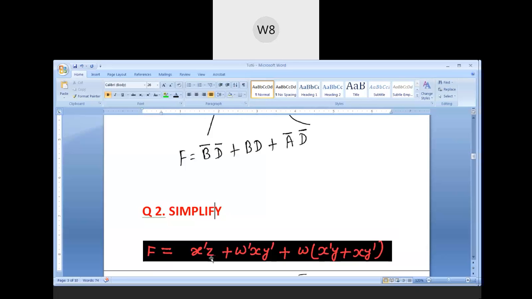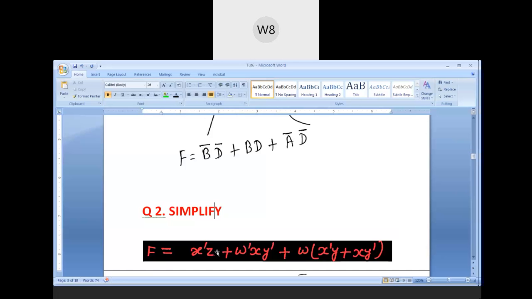So w and y are missing. Similarly, from the second term, z is missing, and from the remaining last two terms, again z is missing. So we can multiply each of the terms by 1, and 1 can be represented as, say, sum of w and w complement.